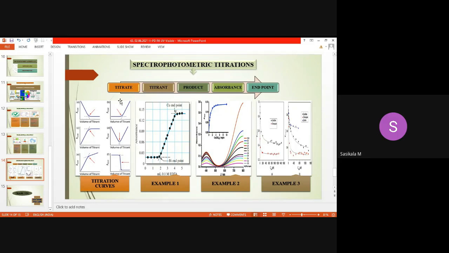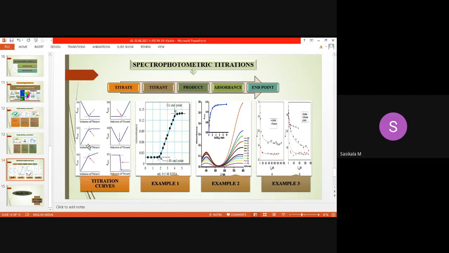You can find different curves. Based on absorption, when it reaches the endpoint, you can find the deflection in the graph, and this deflection is extrapolated to the x-axis to find the titer value, the endpoint. From that endpoint, you can calculate concentration, and then go for amount and percentage purity determination.